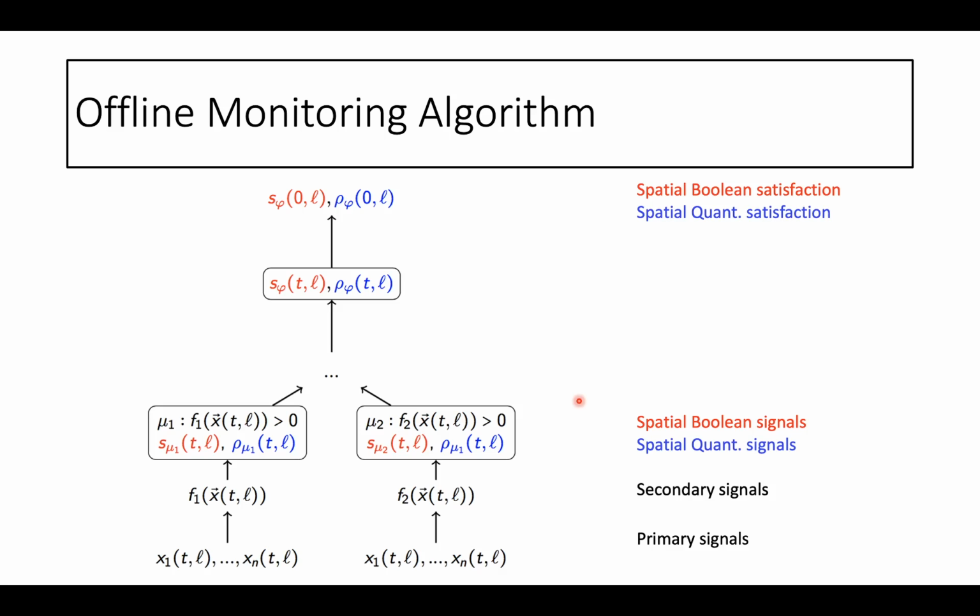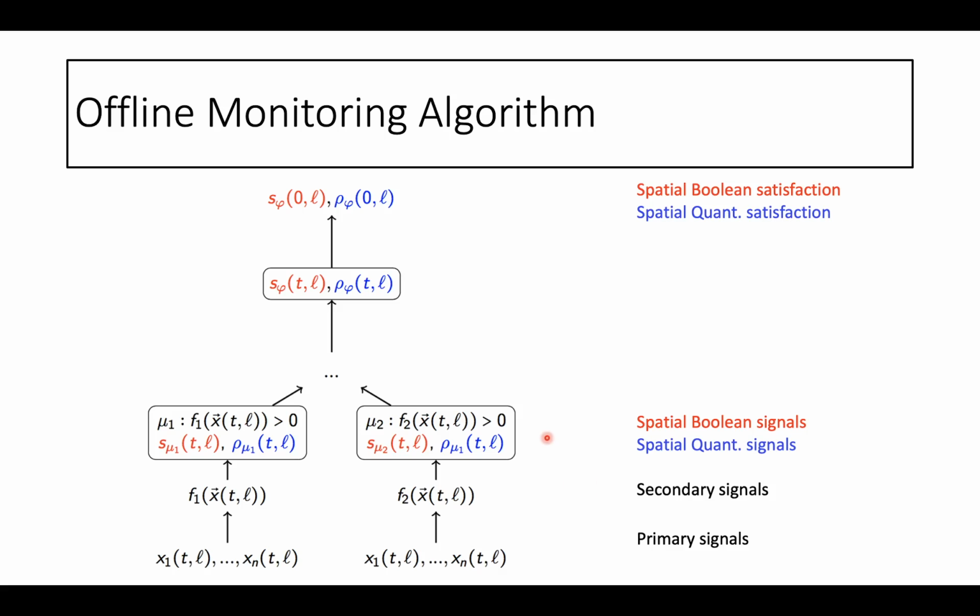So as for STL, the monitoring algorithm works on the parse tree of the formula, where we have at the bottom our spatio-temporal trajectory, and then each node corresponds to a sub-formula, so to a specific operator of the formula that we are considering.